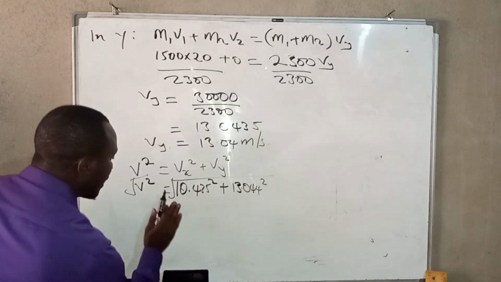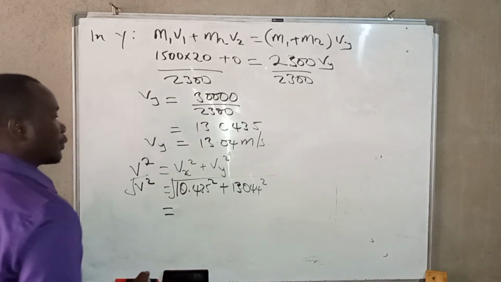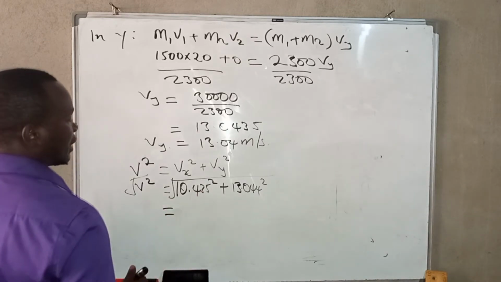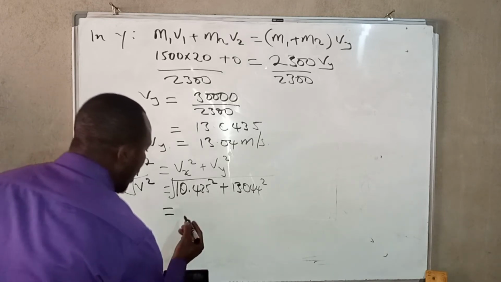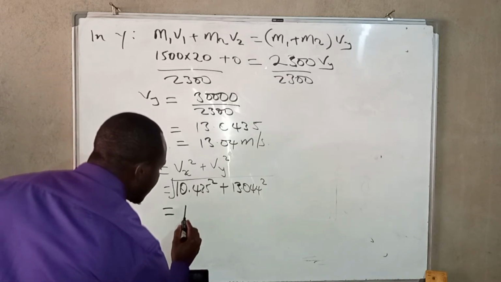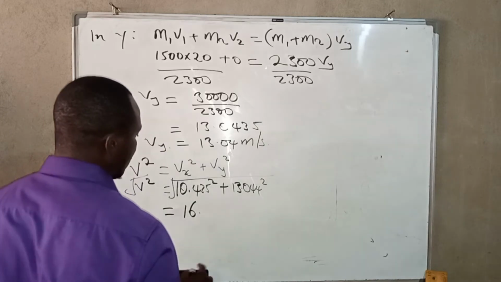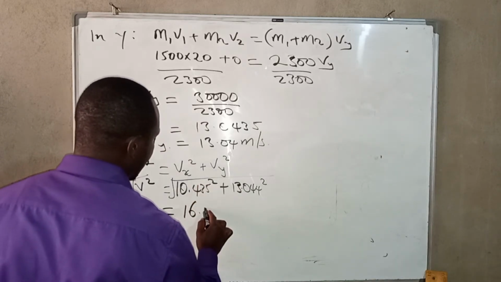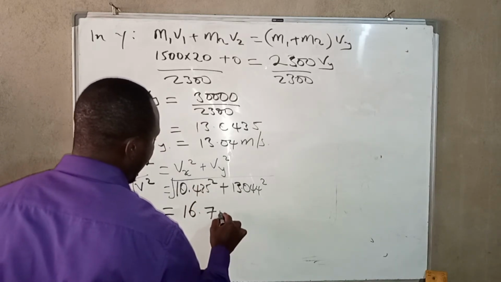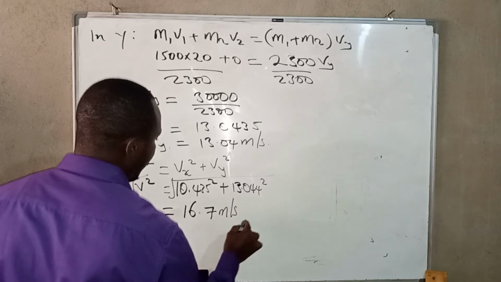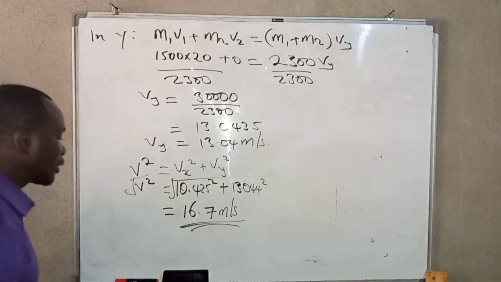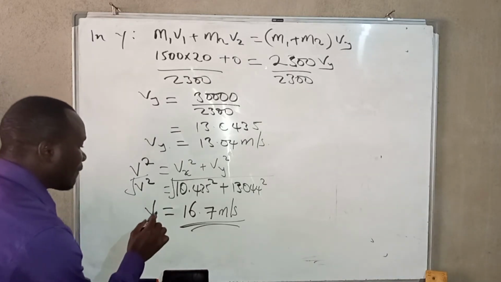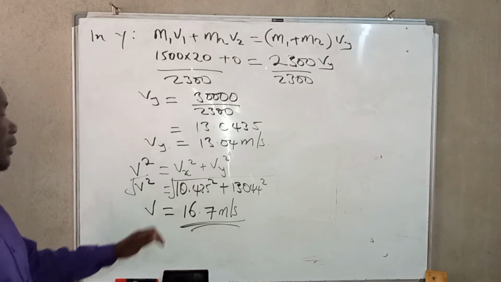The square root of 10.435 squared plus 13.04 squared gives us 16.7 meters per second. So this is the magnitude of the final velocity.